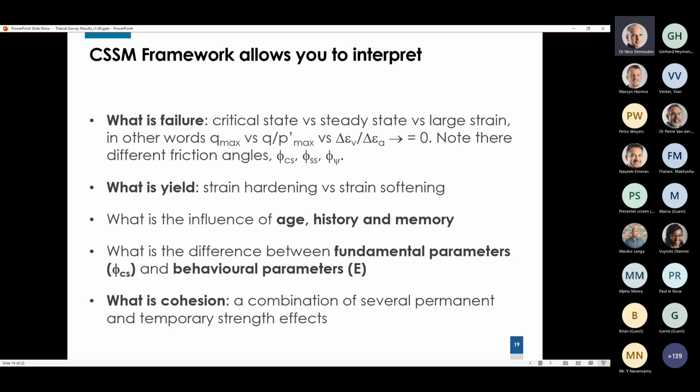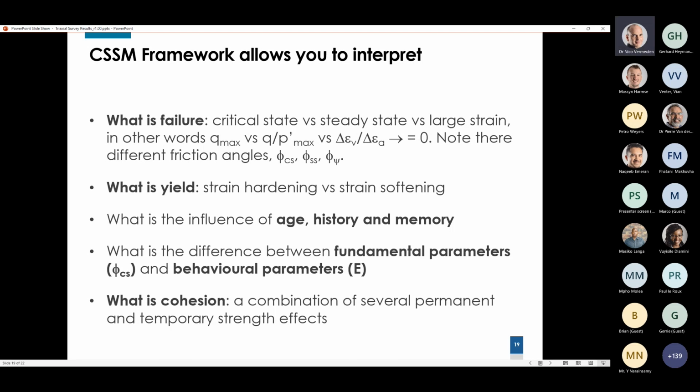In other words, failure in a triaxial test could mean something like the maximum shear stress that you would reach, or it could be the maximum ratio of shear to normal stress. It could even mean only when the change in volume or the change in pore pressure stabilizes or becomes zero as you continue to strain the sample in an axial fashion in the equipment.